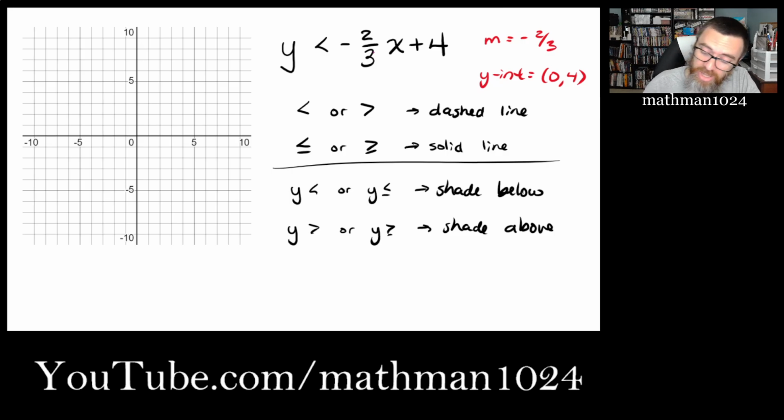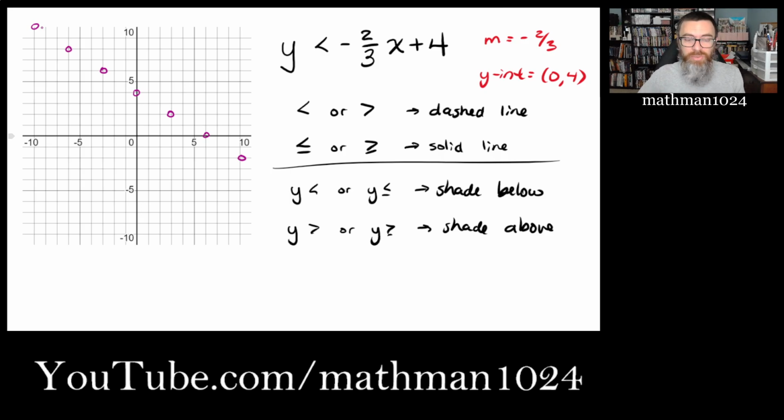Sorry, guys. So 0, 4 is going to be right here. And then I'm going to go down 2 and over 3. So down 2, over 3, down 2, over 3. I'm going to keep doing that until I get to the edge of my graphic window. And then go back: up 2, left 3, up 2, left 3, and so on.